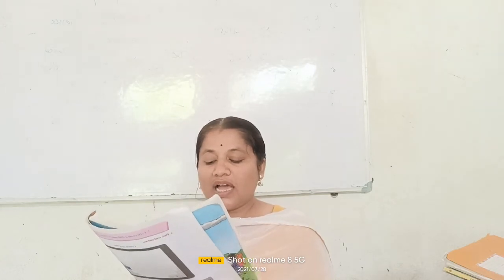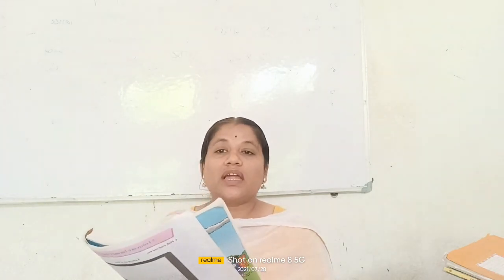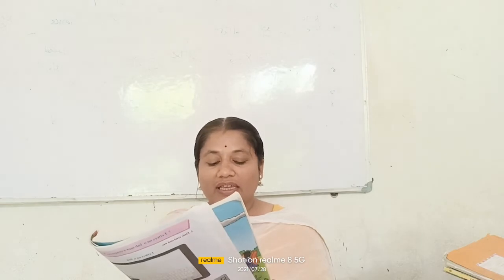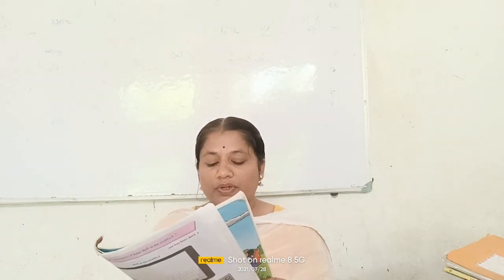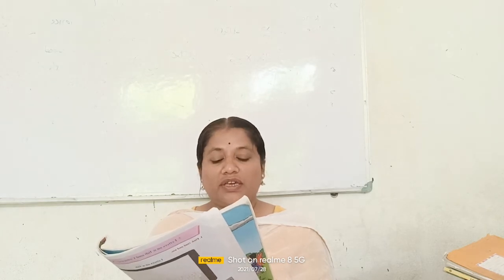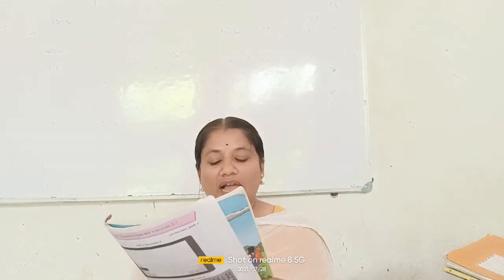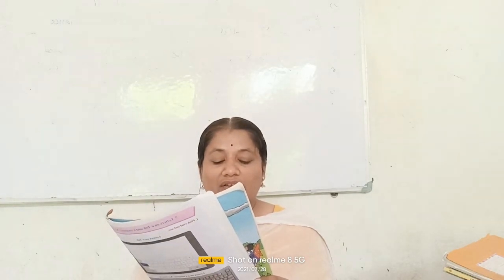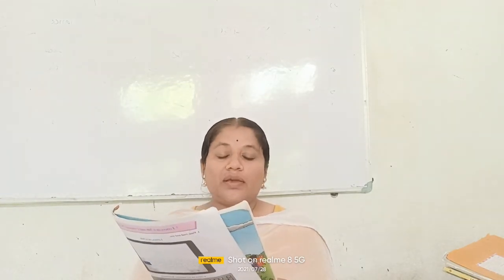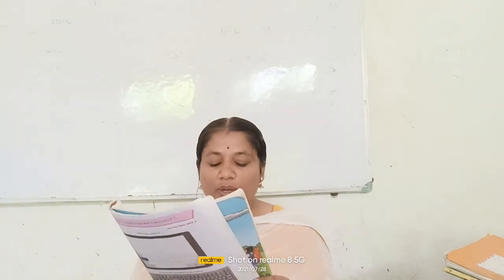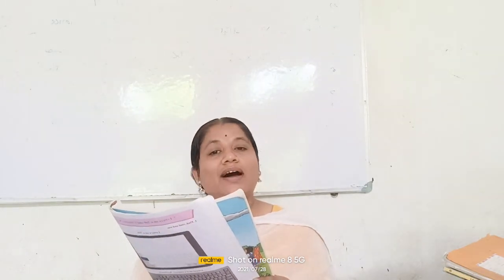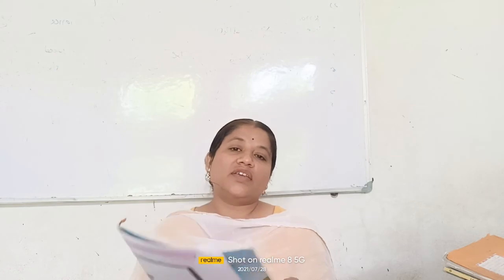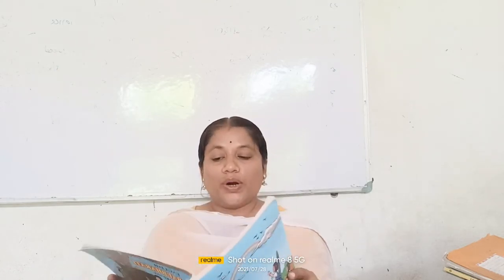V-A-S-E, vase, H-O-U-S-E, house, D-U-C-K, duck, Y-E-L-L, yell, R-O-P-E, rope, T-R-E-E, tree, H-A-T, hat, D-O-L-L, doll, V-A-N, van, T-A-P, tap, Y-O-L-K, yolk, and R-I-N-G, ring. These are different meaningful words.